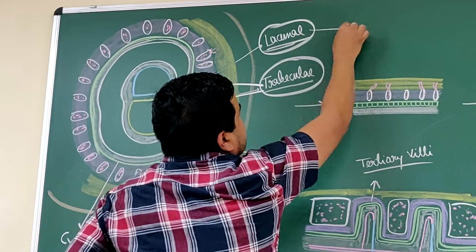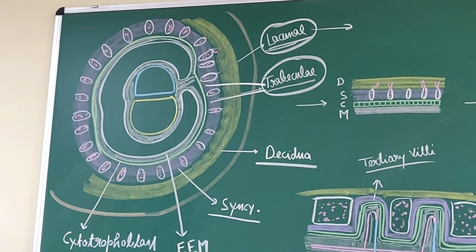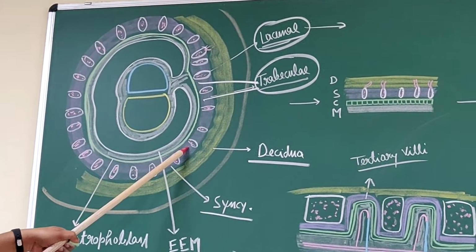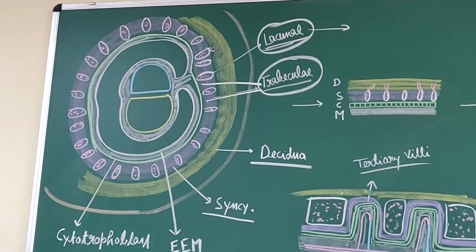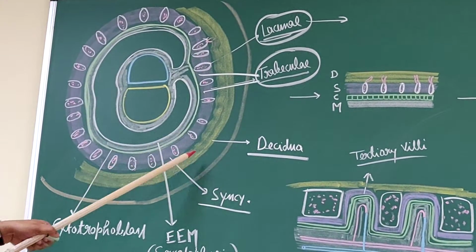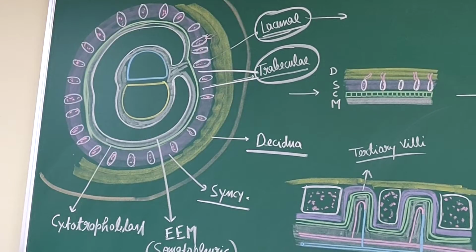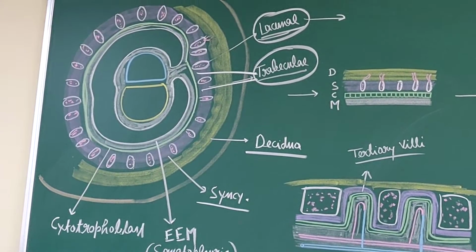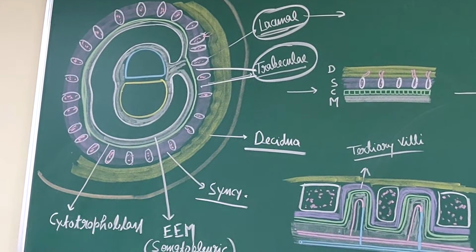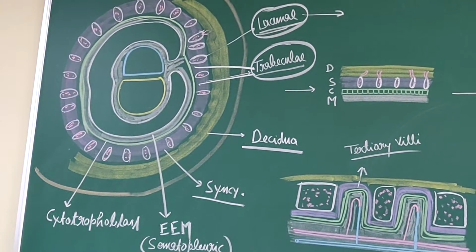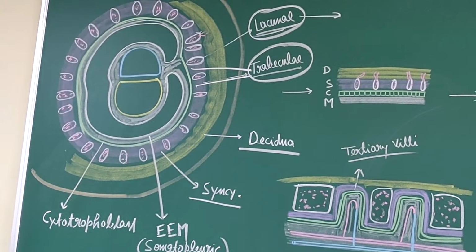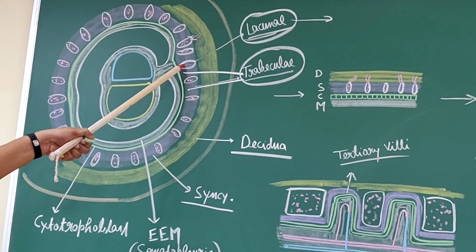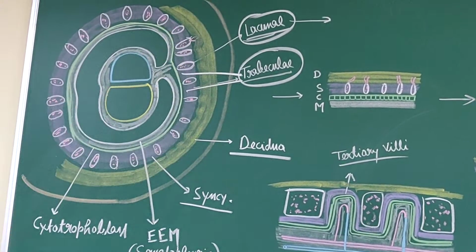As we know, the syncytiotrophoblast has the eroding property. It erodes this decidua as development progresses. And as it erodes, it also erodes the vessels and glands present in the endometrium or decidua of the uterus. As a result, these lacunae are filled with maternal blood.